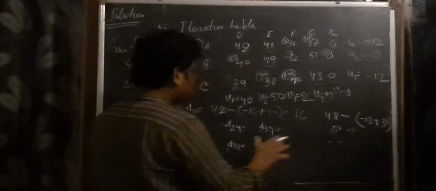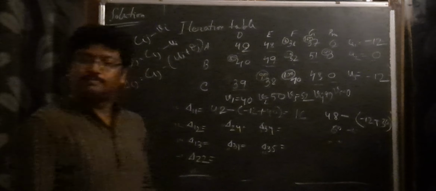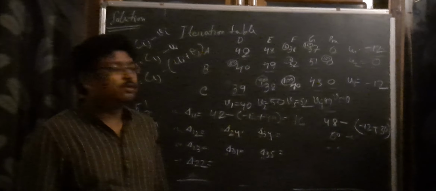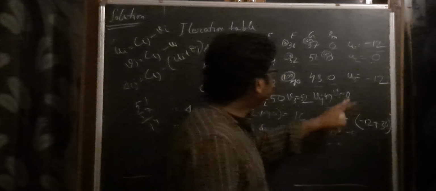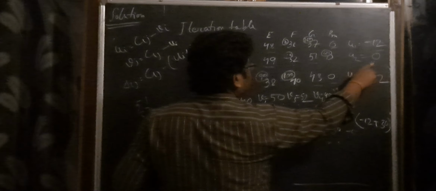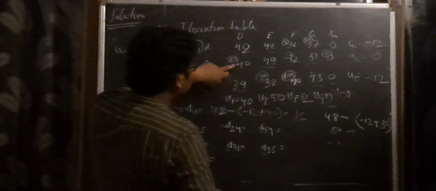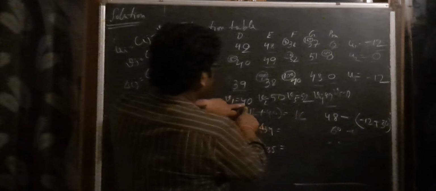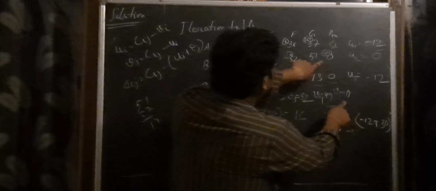Now we have to proceed in such a way that I have to check these ui and vj values again. As I have put u2 equal to 0 here, on the basis of this 40 minus 0 it is 40, and 52 minus 0 is equal to 52, and 0 minus 0 is equal to 0.